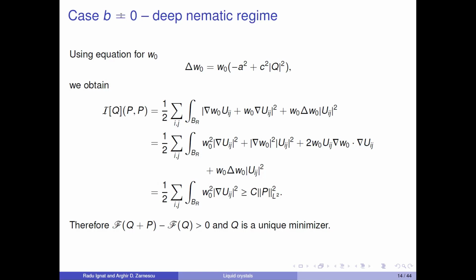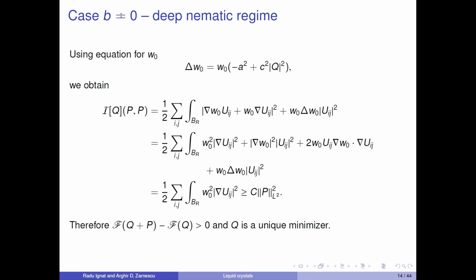So really, this is this amazing trick that, after using the equation for W, reduces the whole second variation to something which is manifestly positive. And then you can show that it's actually coercive. So then you get this pretty much for free if you know this very nice trick.